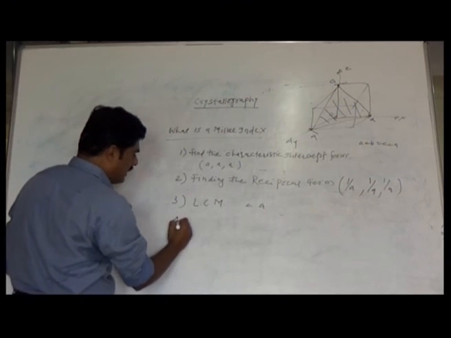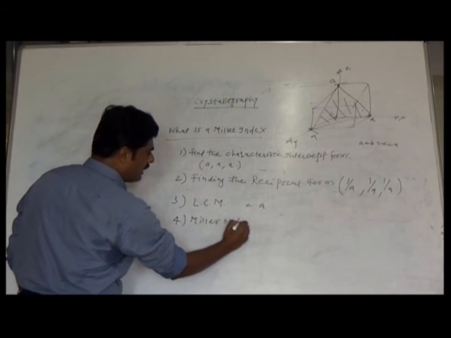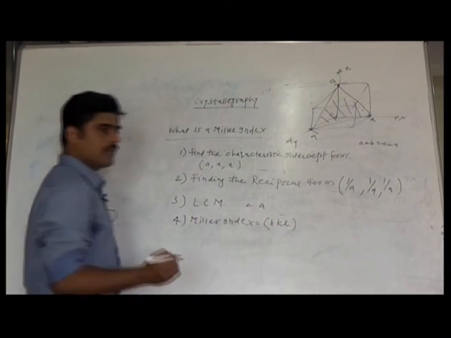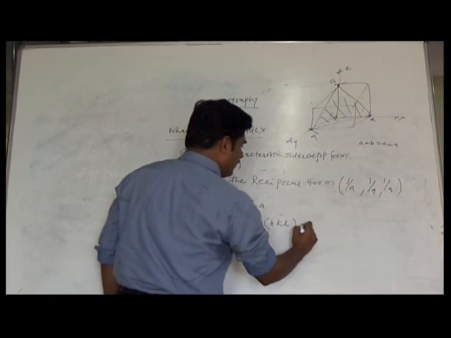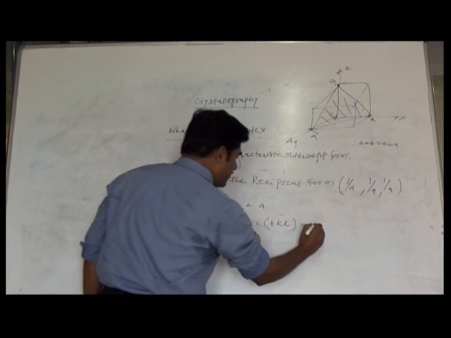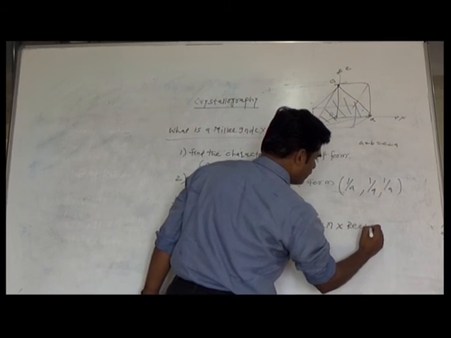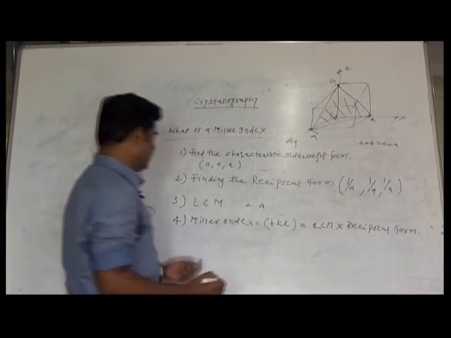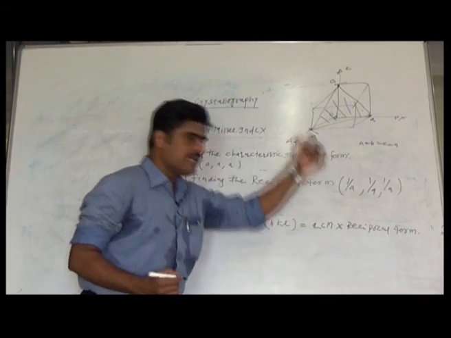Then the fourth step is the Miller index. We call it round bracket HKL. This Miller index HKL will be equal to this LCM into the reciprocal form. Again I repeat, my Miller index is nothing but LCM into the reciprocal form.